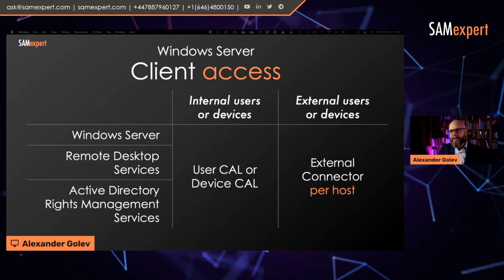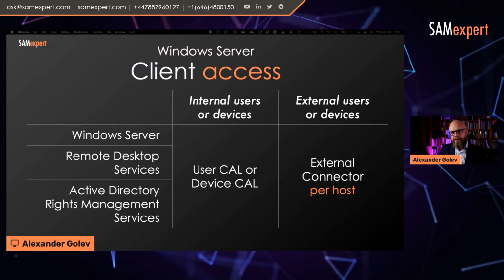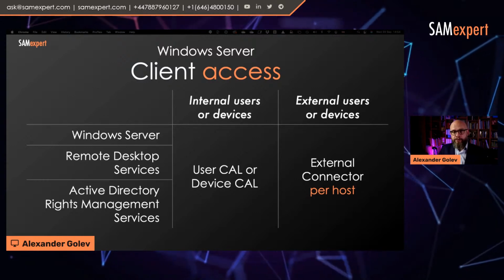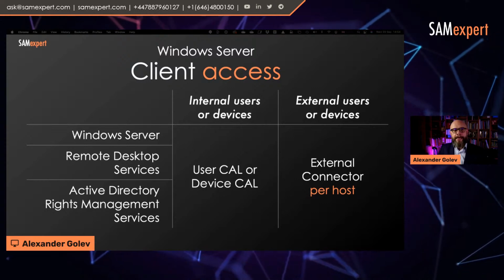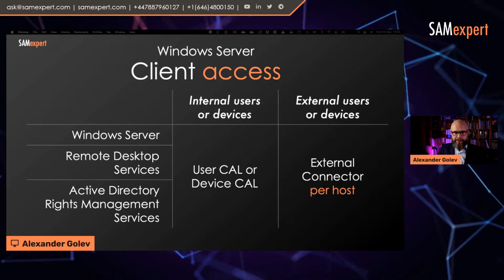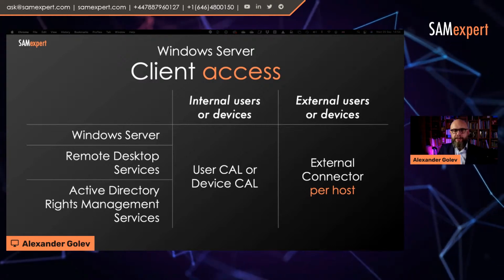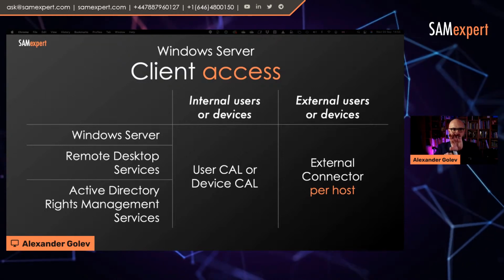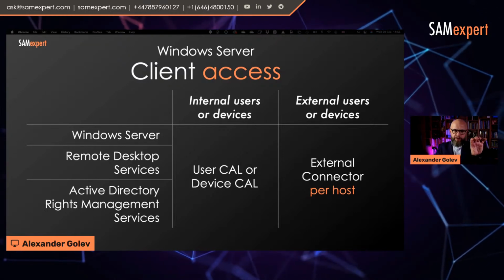But if you buy external connector with software assurance and maintain active software assurance on it, then external connector has license mobility rights, which means as long as software assurance is active, it moves across the hosts of the farm, of the cluster.